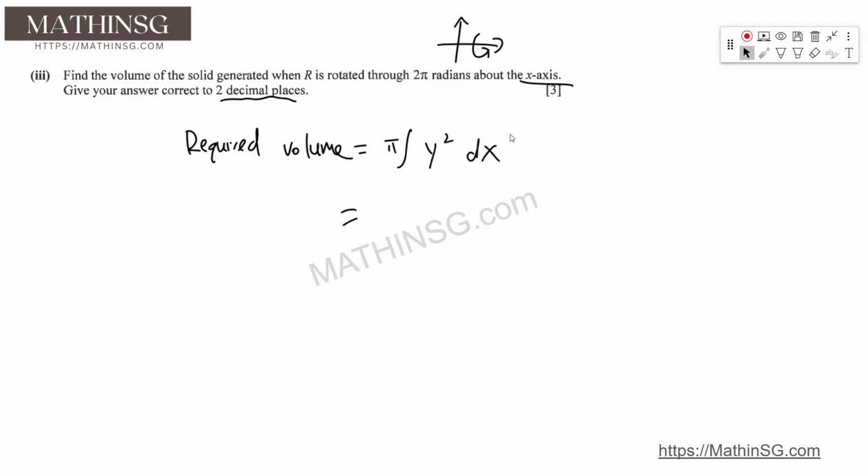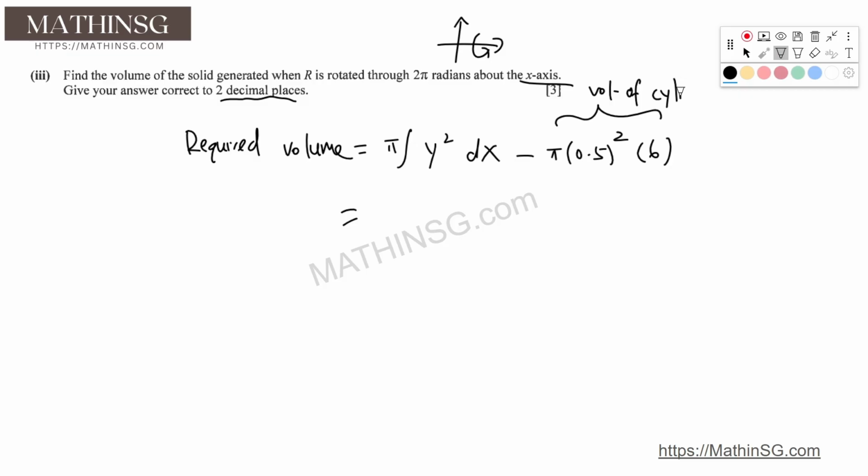So in order to do that, I need to minus the volume of the cylinder. Then this one is the volume of the curve, okay?